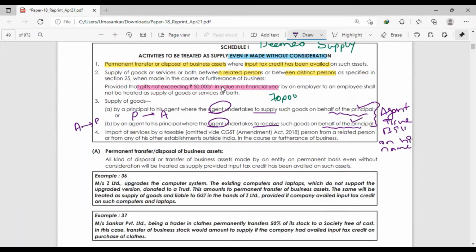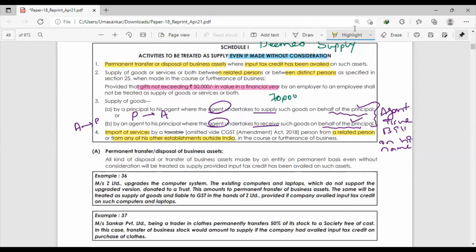Then next point. Import of services by a person from a related person or from another establishment outside India in the course or furtherance of business. See, import of services from a related person or from any other establishment outside India.